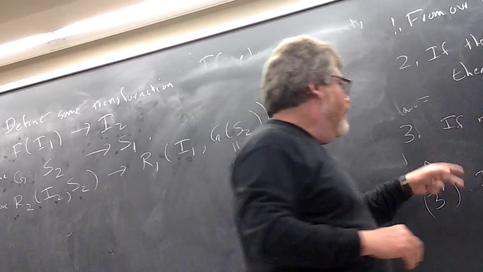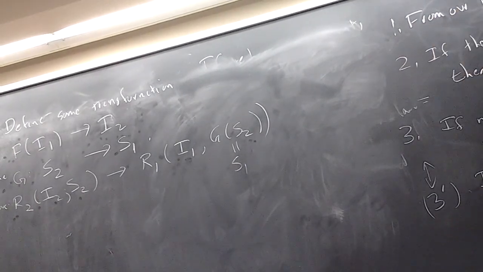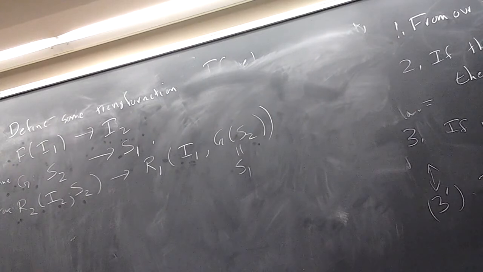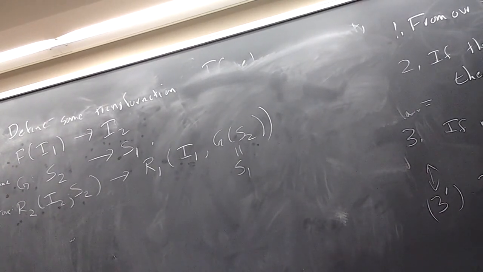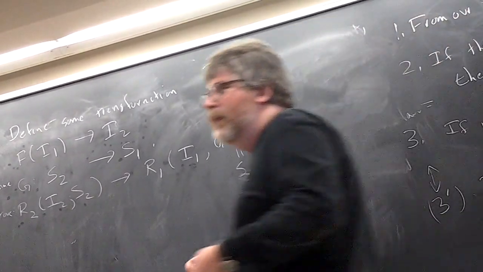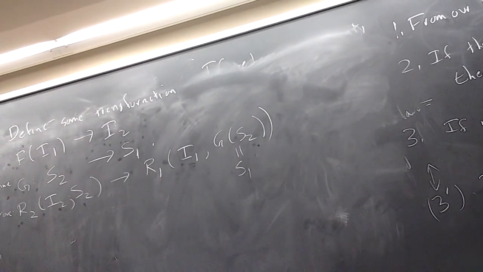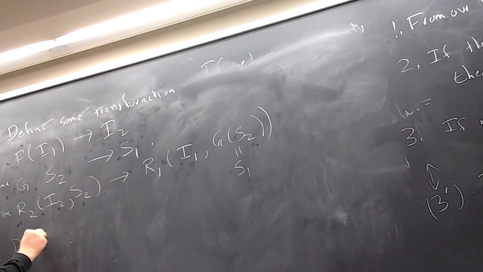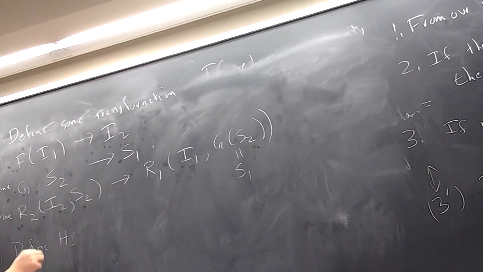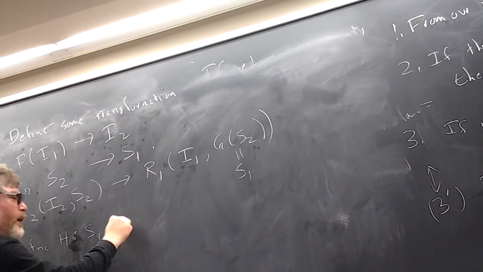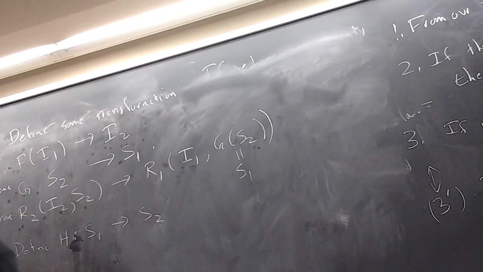And the easiest way to prove that if something exists, then something else exists, is to actually give the construction. So what we need to do is define a map H that works in the reverse direction. It takes an S1 and produces an S2.